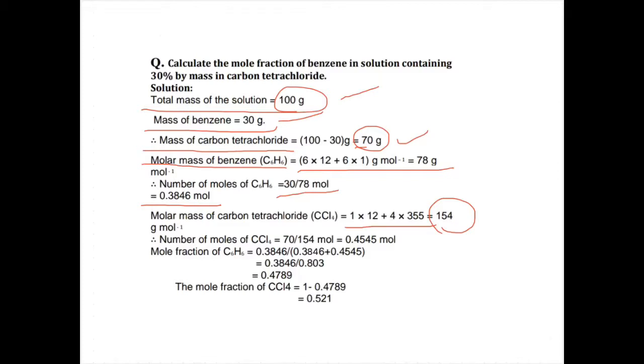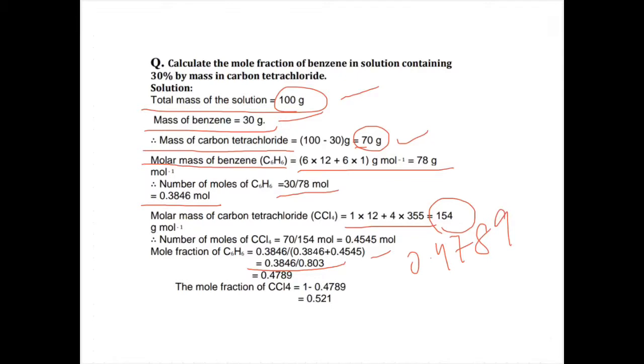Now it's easy to calculate the mole fraction of C6H6, which is equal to 0.3846 divided by 0.3846 plus 0.4545, which is 0.3846 divided by 0.803, that is 0.4789. So we have calculated the mole fraction of benzene.